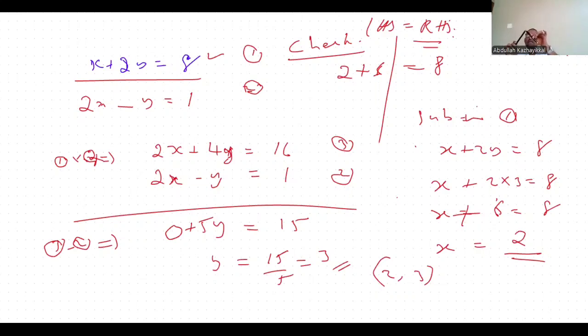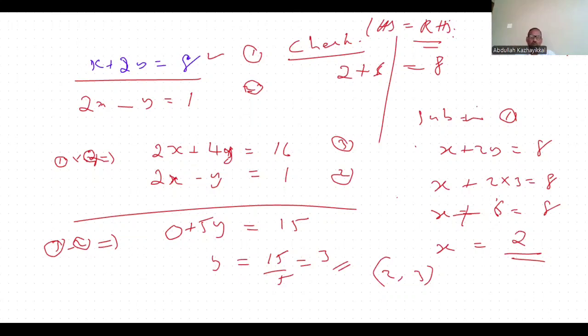Maybe first condition I am talking about now, and next period I will talk about the second and third conditions. Here, intersection at one point only. That is why we study that a1 by a2 is not equal to b1 by b2. You are looking at the coefficient of x and coefficient of y only.